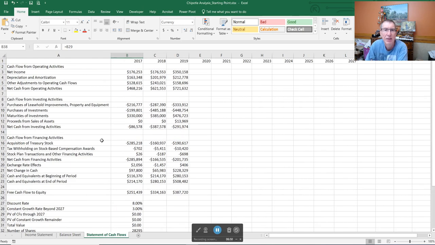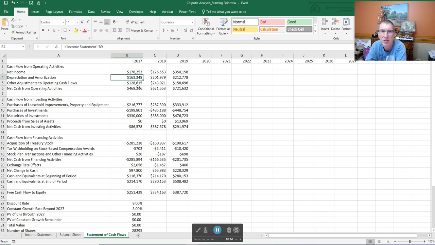If we look at the statement of cash flows, you'll see it starts with net income. So it's basically starting with information from the income statement. You can see I've actually got a link here. So instead of retyping that net income, I just pulled it straight from the income statement. Same with the depreciation and amortization. Some companies don't break that down on their income statement.